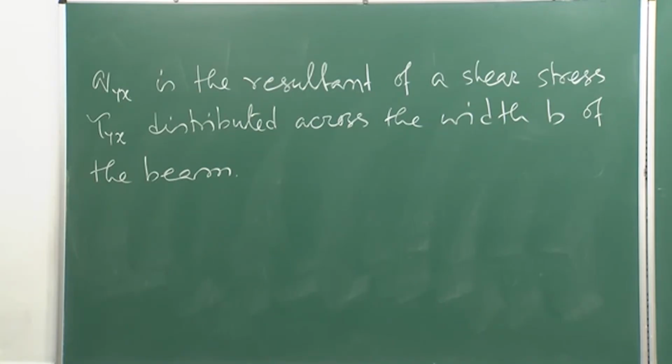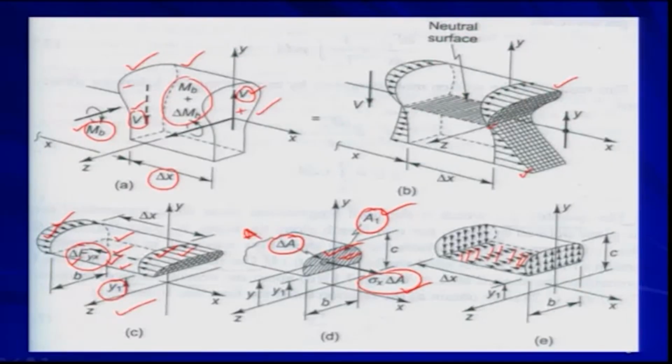So, it is a resultant of a shear stress tau yx distributed across the width B. This is the width B. If you consider this whole part, it is giving you qyx. So, qyx divided by B is nothing but the shear stress acting on that particular plane. Fine.